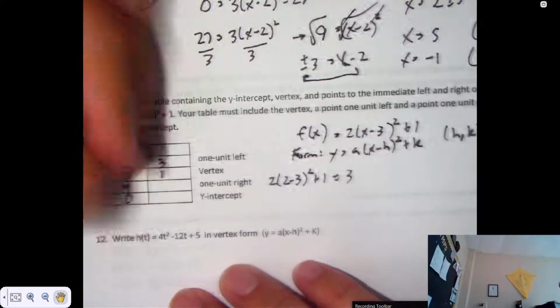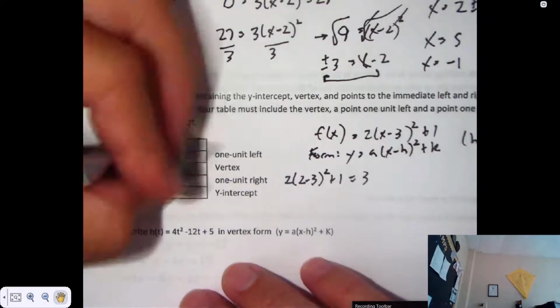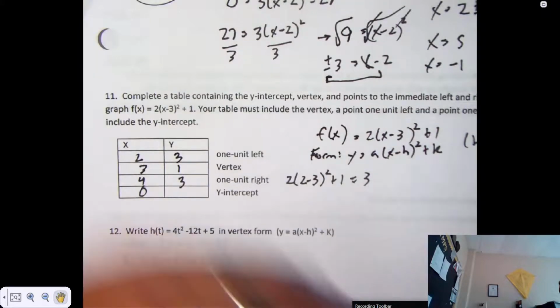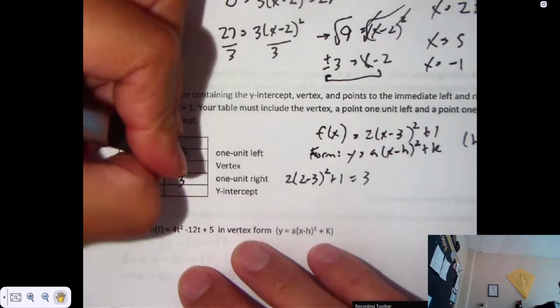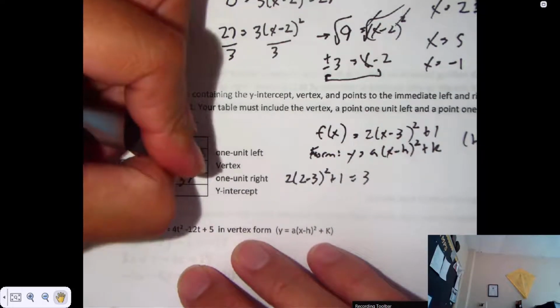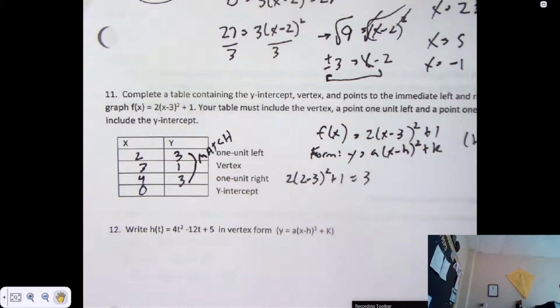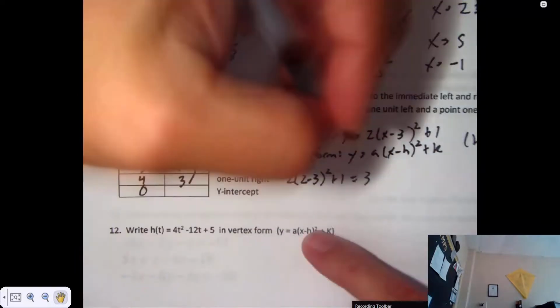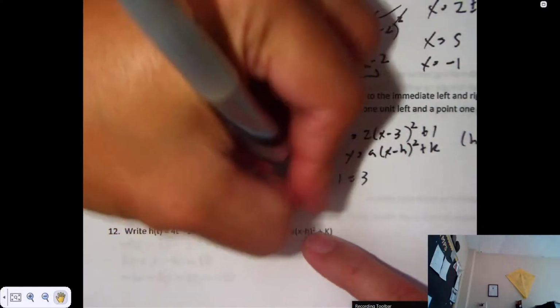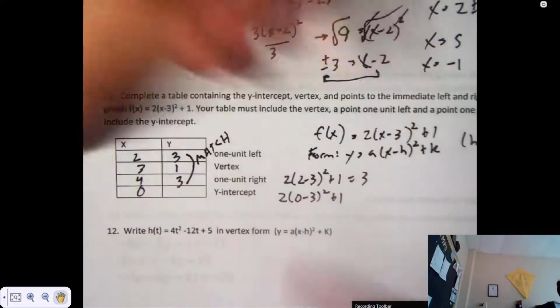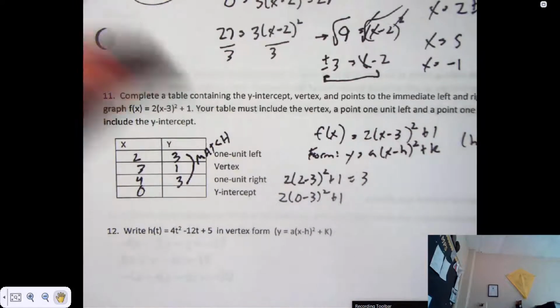Now, if you paid any attention whatsoever, these pairs match. I'm just going to write this down. They match. They are always the same. It's the way it works. Y-intercept happens when you plug in a 0. 2 times 0 minus 3 squared plus 1. And I know I'm doing a whole bunch of stuff real quick.